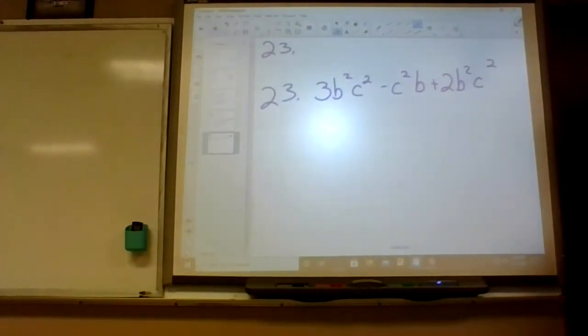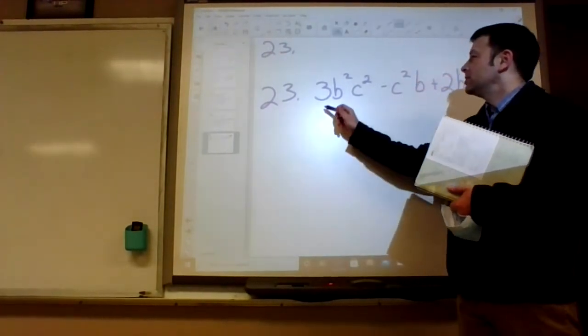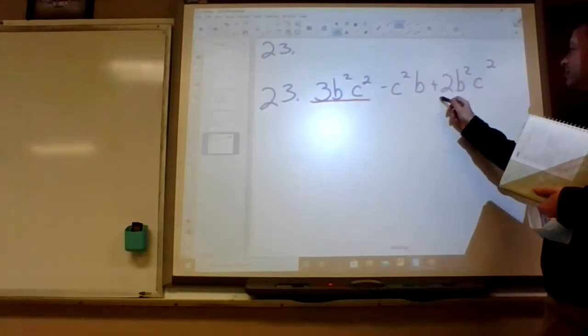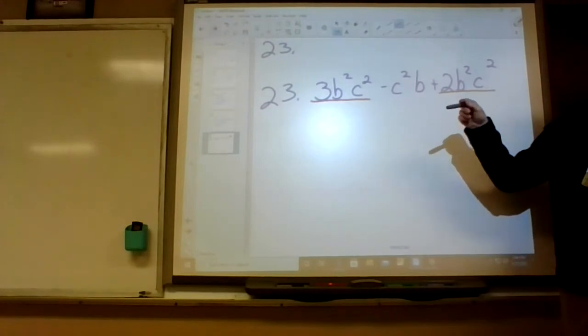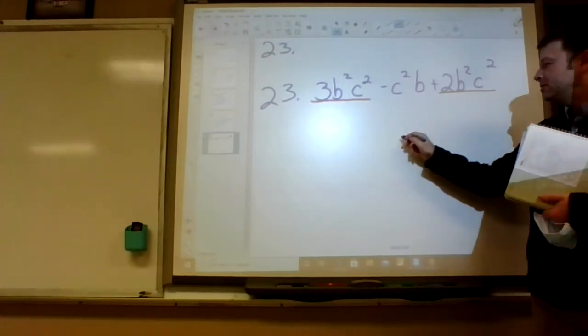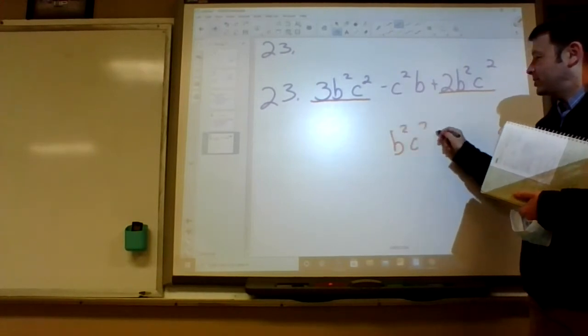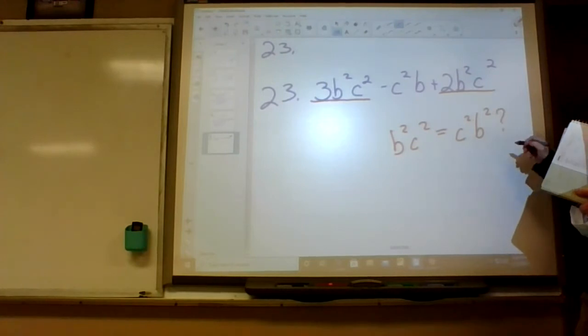Are there any like terms? Yeah. Which ones? The first one and the second one. B squared c squared, b squared c squared. Would it matter if it said c squared b squared? Is that the same thing as b squared c squared? Maybe. Okay, so my question was, are these the same? Yes.